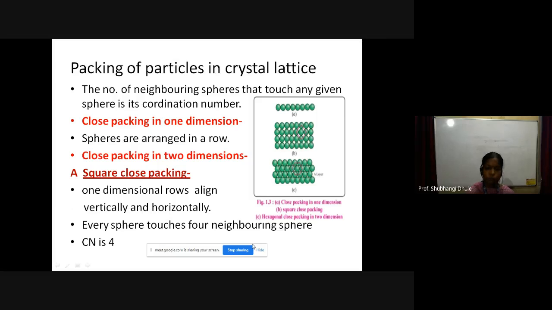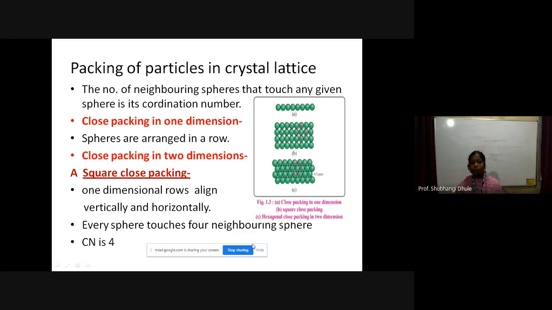Now for this you must know the coordination number. So what is coordination number? In simple words, we can say that it is the closest neighboring number, or the number of neighboring spheres that touch any given sphere. The number of neighboring spheres that touch any given sphere is called its coordination number.